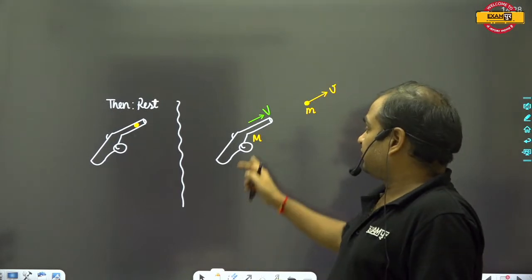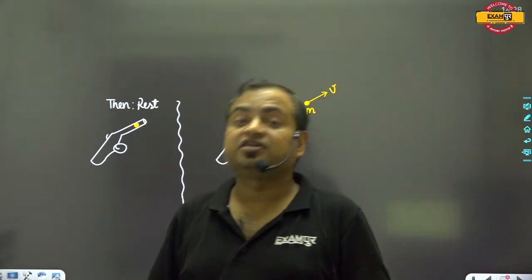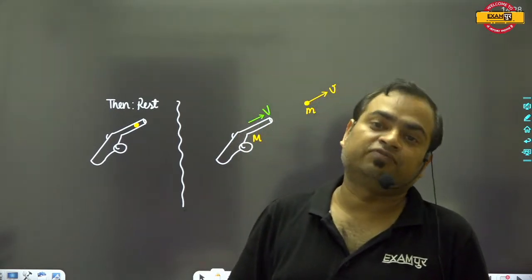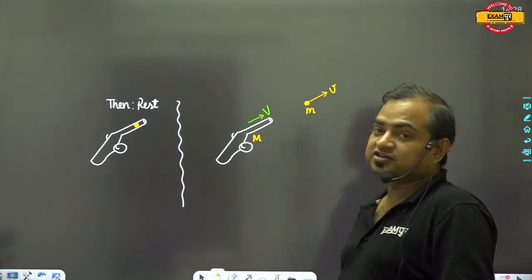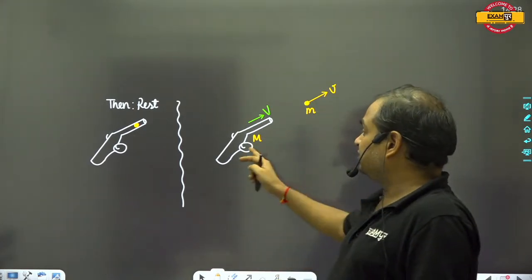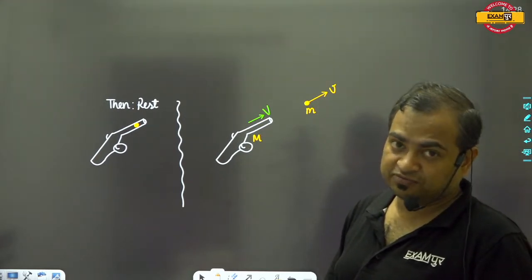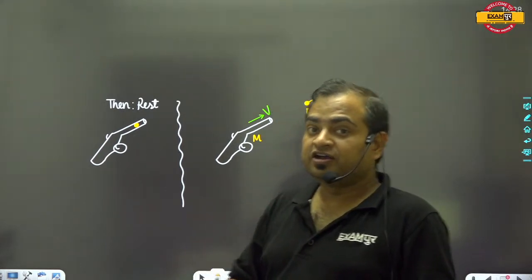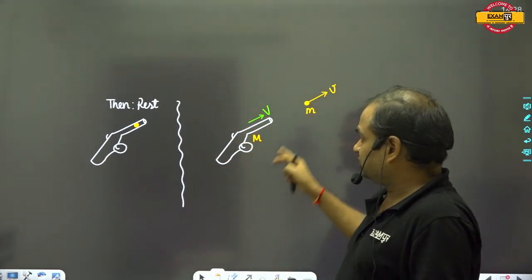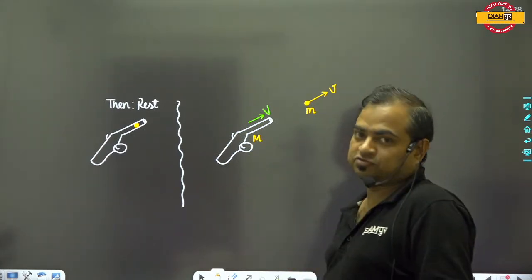But triggering a gun is not considered an external force. Applying force on the trigger so that the bullet can be fired cannot be considered an external force. An external force can only be considered when the whole body changes its position when you apply the force.